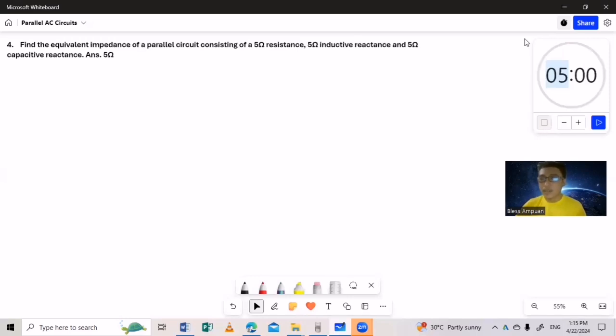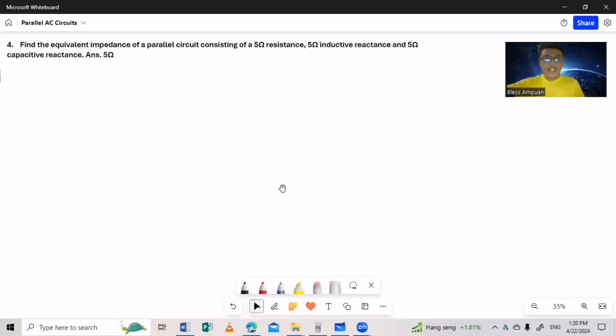Let us solve number 4. In our example number 4, this is just a combination of three branches connected in parallel. If we create a circuit diagram, our Z sub 1 is pure resistive, which is 5 ohms.